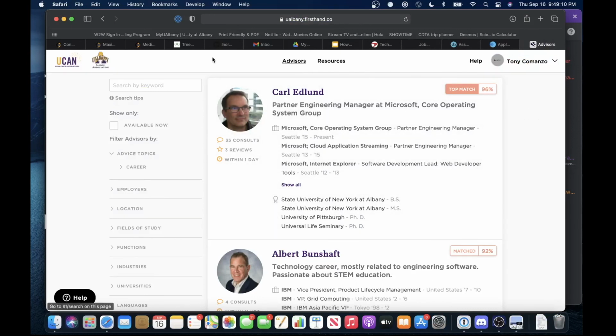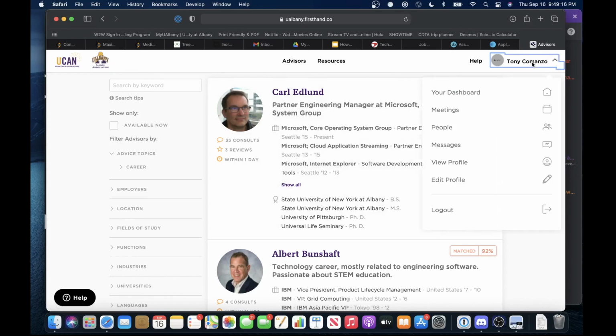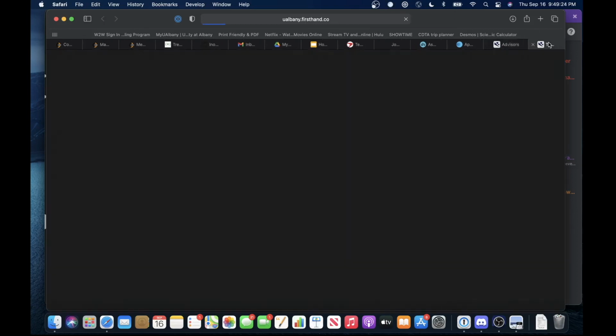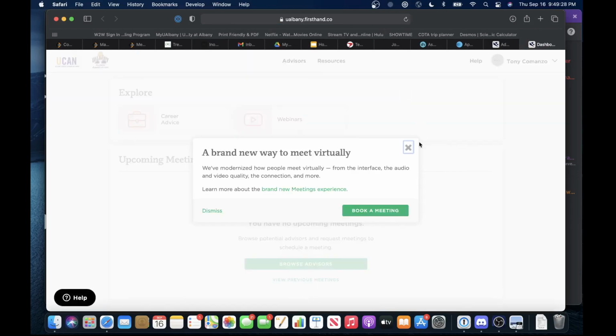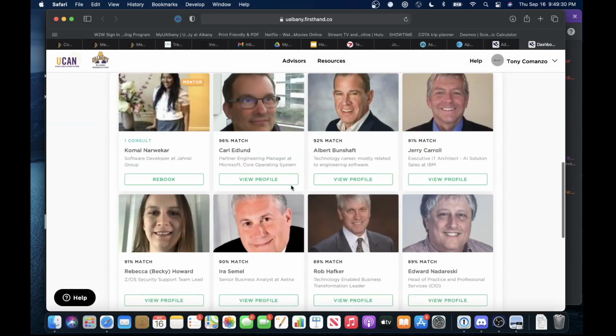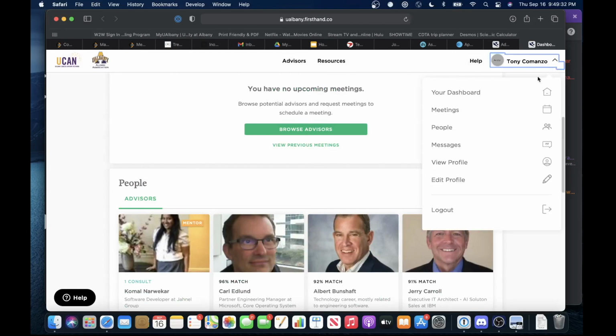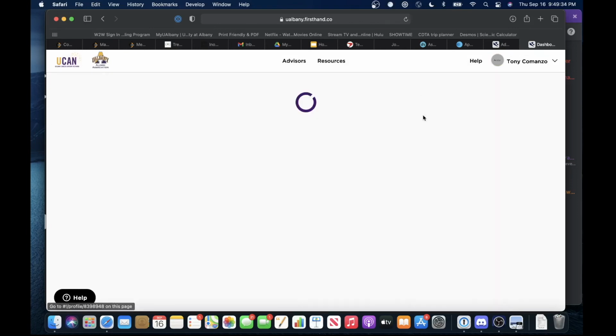So what you have to do, you just click on advisors here. I think you have to go through some things, like give some information about yourself. Like, if I go to my dashboard here, view profile?